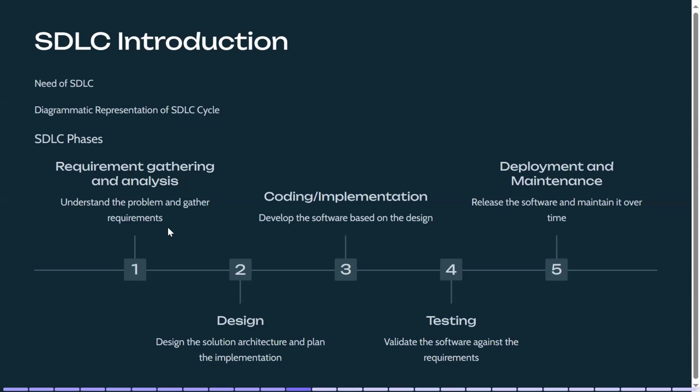The outcome of the requirement gathering phase is the requirement understanding document. In this we include use cases, user stories, and a number of requirement related artifacts.